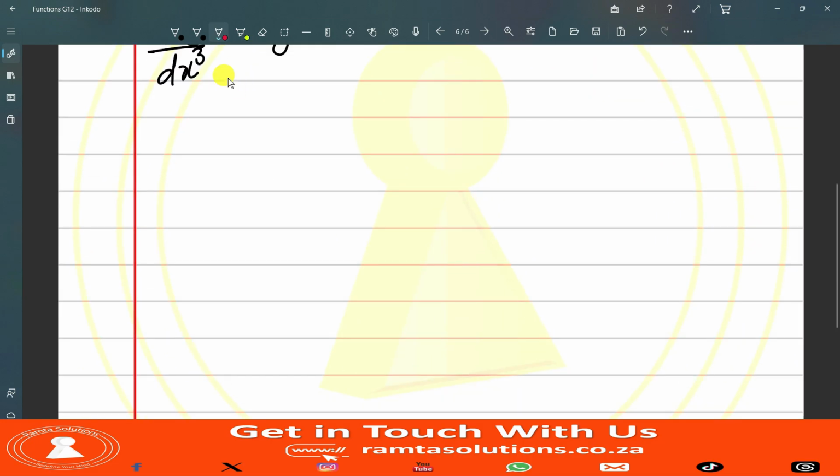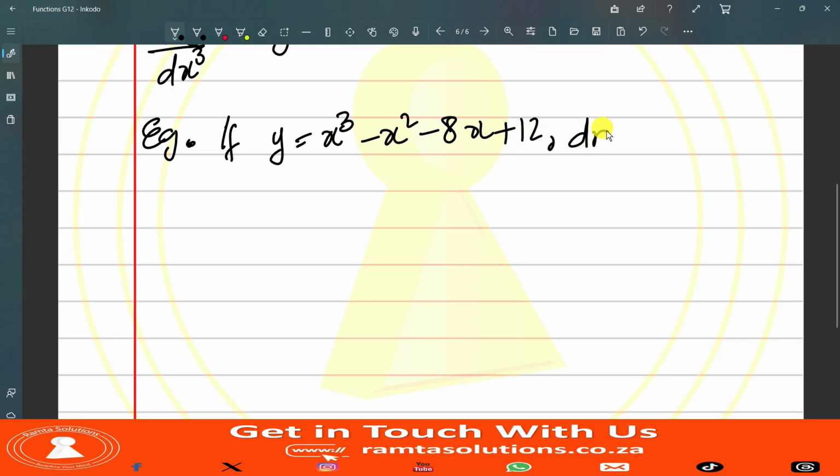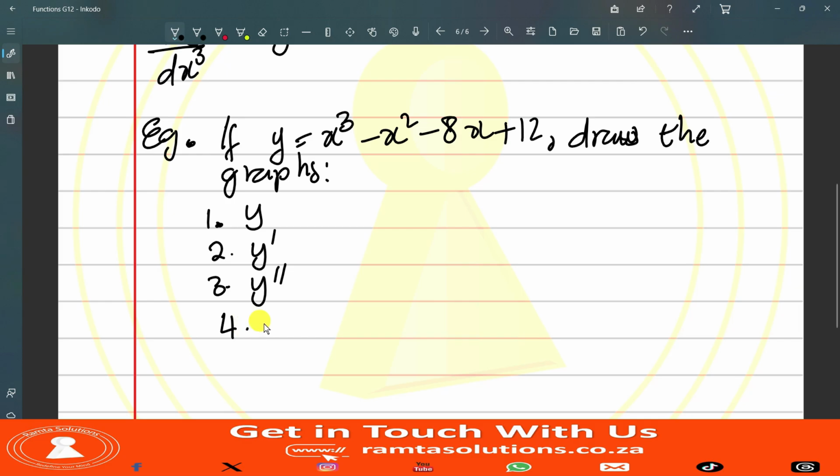It's a waste. Now let's try an example. If y equals x cubed minus x squared minus 8x plus 12, draw the graphs: 1, y; 2, y prime; 3, y double prime; 4, y triple prime.